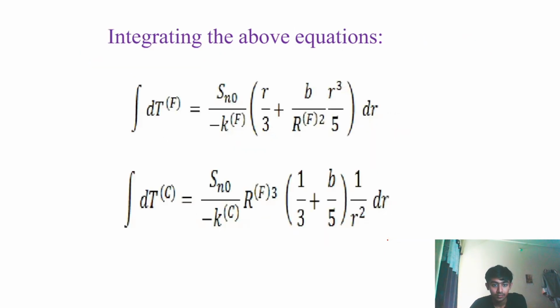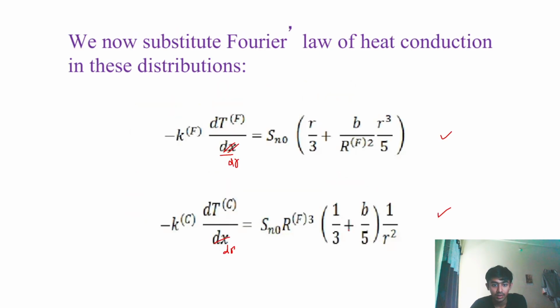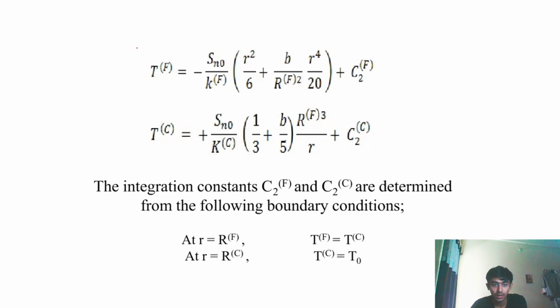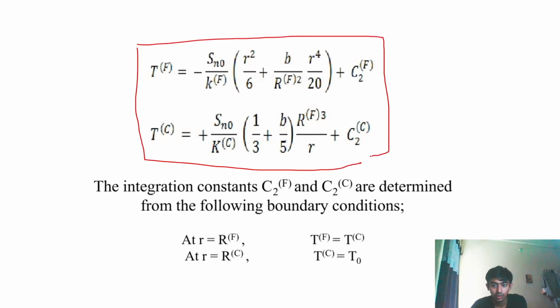We will again integrate this, taking this K and this K below, Sn by Kf, with respect to dr. If we integrate this, we find the equations of Tf and Tc, and also get some integral constants.